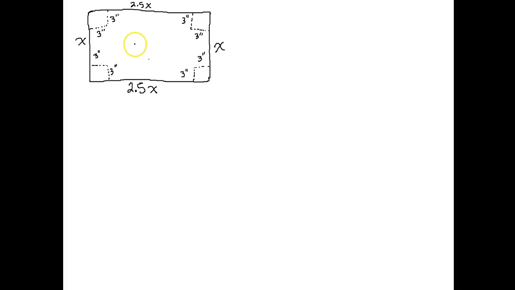Okay, so when we do that, once you cut out those squares, you're going to be able to fold up the sides and make a box. It's going to have an open top. But along the base of the box, this right here will be x minus 6 because you're taking out 3 and 3 from this total x. And then along the base here will be 2.5x minus 6.